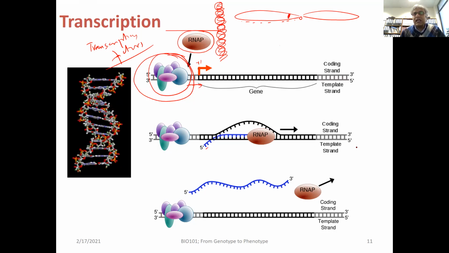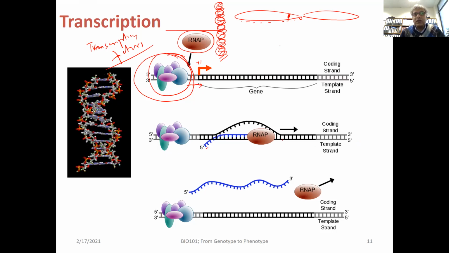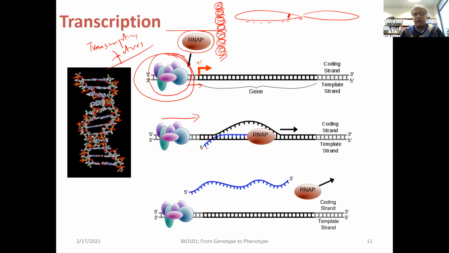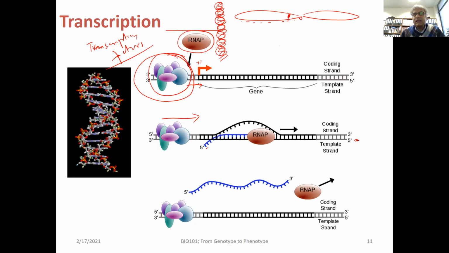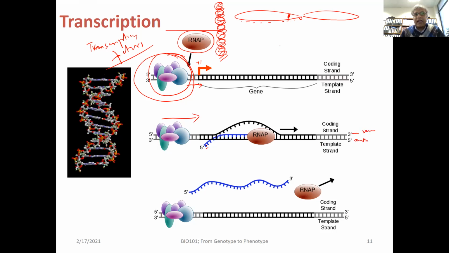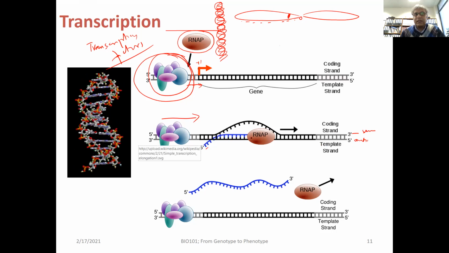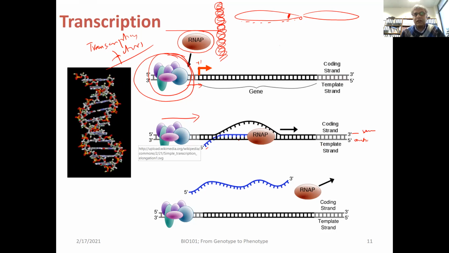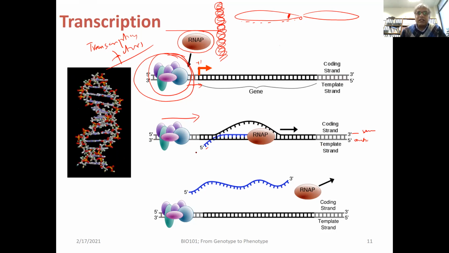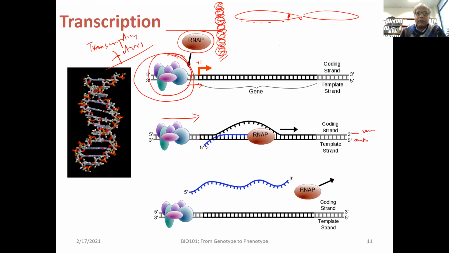Now, which one is the antisense strand? Of course, RNA polymerase is moving in this direction. So this 3' to 5' strand will be the antisense, and this one will be the sense, because RNA synthesis goes from 5' to 3'. So the bottom strand will be copied. As soon as RNA polymerase comes to +1, it starts adding complementary nucleotides.